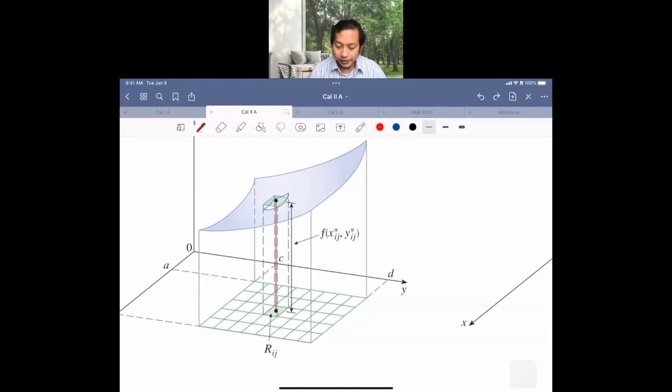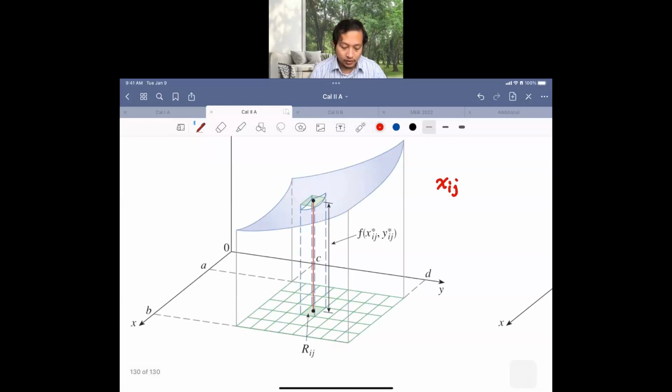So instead of just x_i, as usual we have in the original integral, we have also j, because we are having the rectangle x and y, right? So this means that it's correlated to that axis i, j. Okay? And we have this sample point here, and we are going to evaluate this as the volume of a parallelepiped.